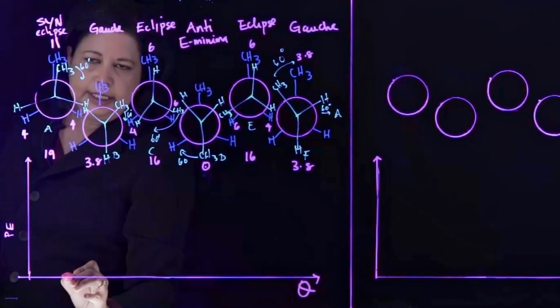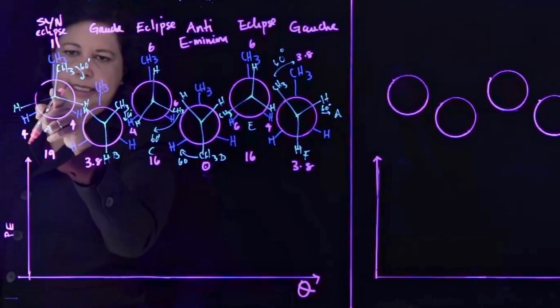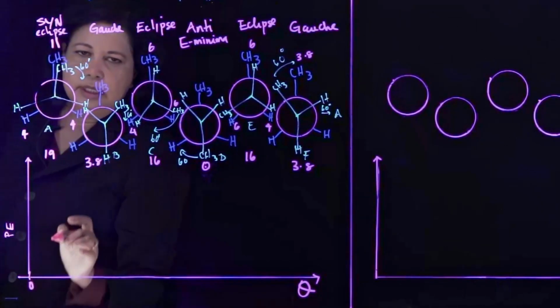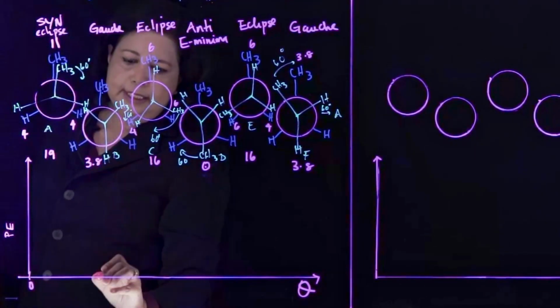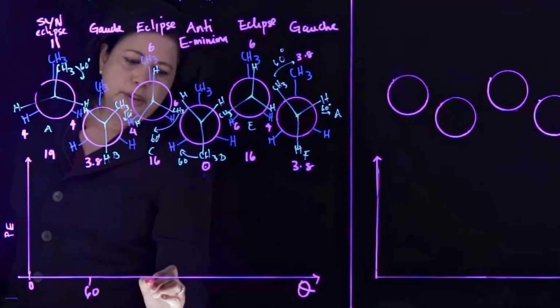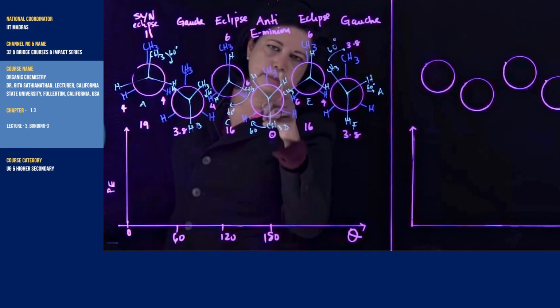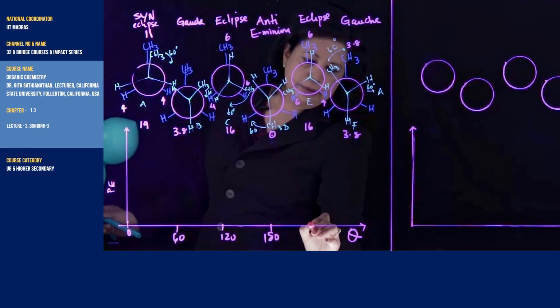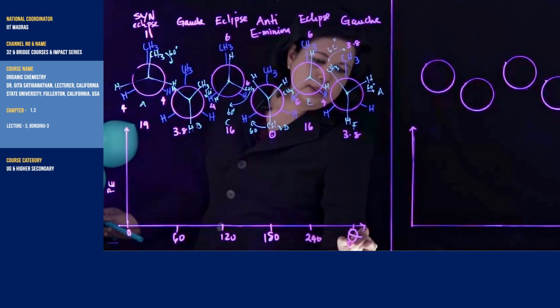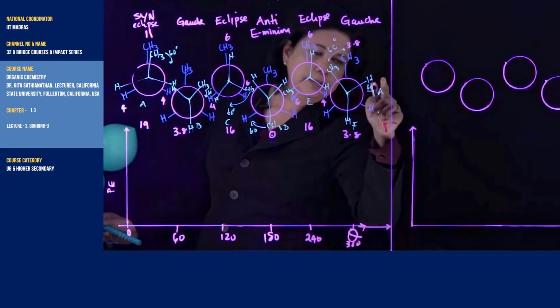So you're going in 60-degree increments. Let's say this is your 0. This is where you start. Then you move 60, 120, 180. That's the best anti. Then you go back to 240, 300, and I don't have space to write it.